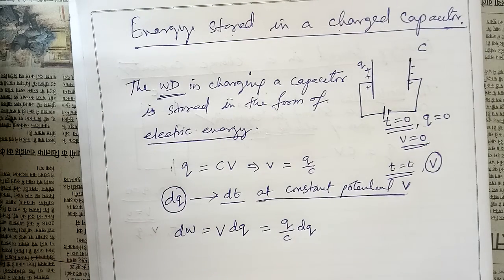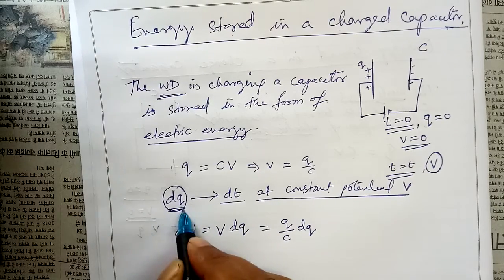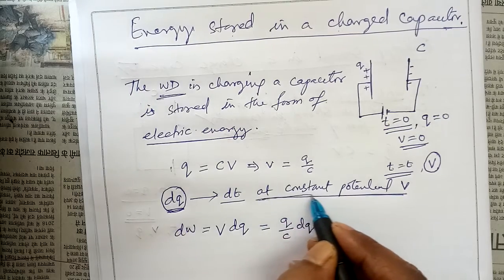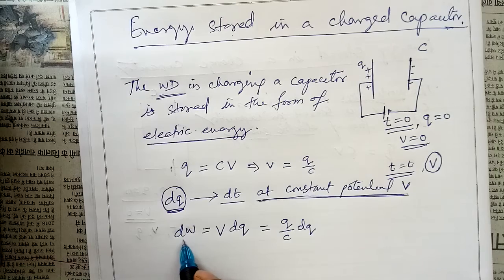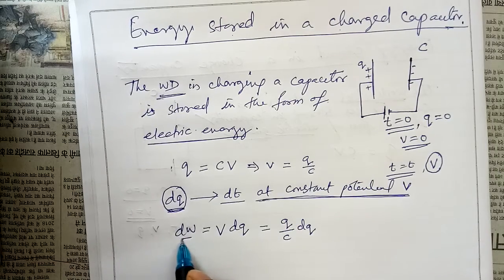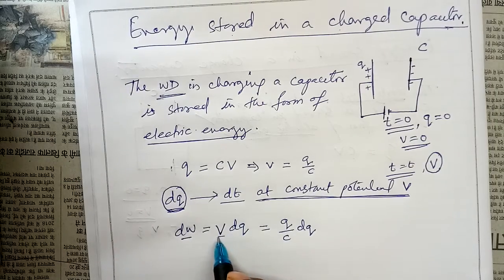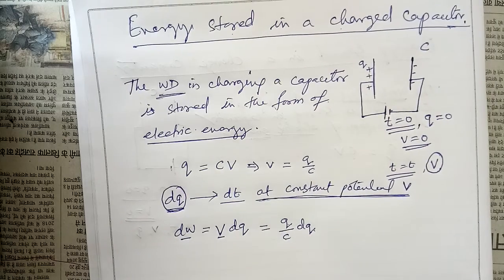So what we have done here, we have supplied additional charge dq, keeping the potential of the plate the same. For that we need to do work, and this work is expressed as V dq, and substituting the value for V from the above equation, we get q by C dq.